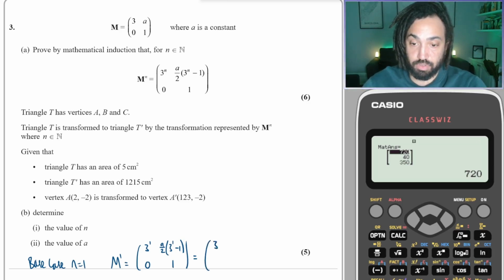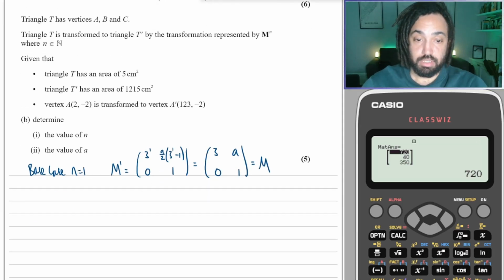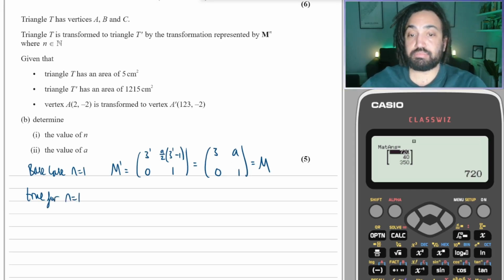It gives us 3, 0, 1 down here, of course, and then 3 minus 1 is 2. There's a times by a half, so that's just a, which equals M. Perfect. So that's true. So we can say this is true for n equals 1.